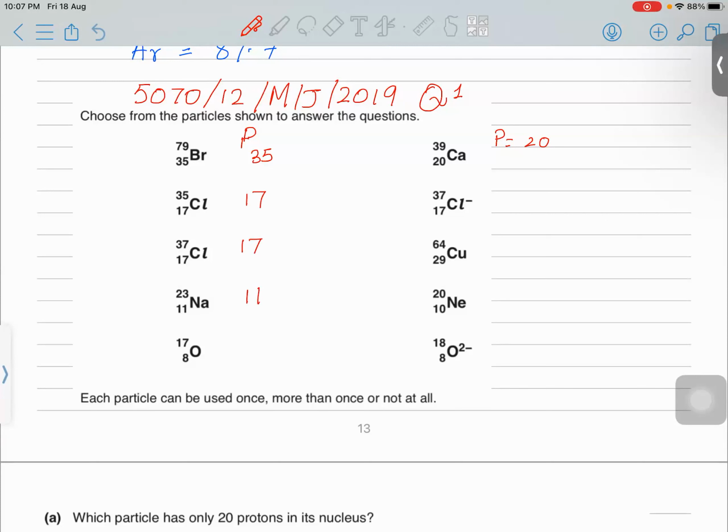For oxygen, it's 8. And for chlorine, 17. Sorry, protons are 17. Then copper, 29.